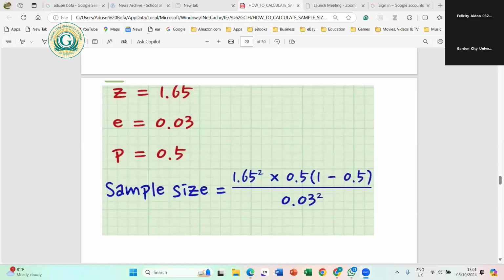So if you choose a 90% confidence level, its respective z-score is 1.65. When we started with the example, they had given us a z-score of 1.65. Then I asked the class, once we have 1.65, what do you think the confidence level is? And the person said 90. So that's why we are saying 90.